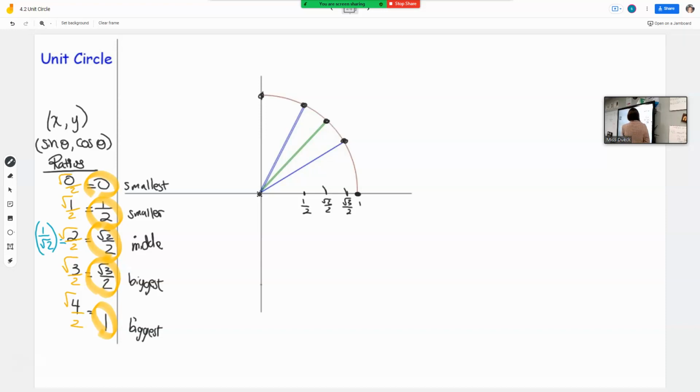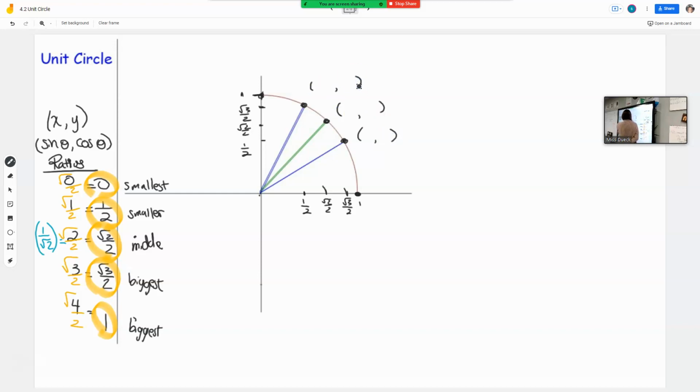And I can do the exact same thing for the y's, because the biggest y can be is 1. And then root 3 over 2, root 2 over 2, 1/2. And that's where all those ordered pairs come from. So can you guys take these numbers and can you label the xy pairs in your unit circle?